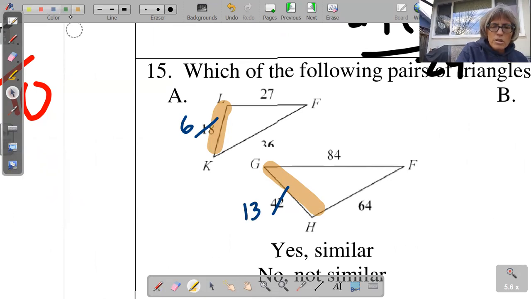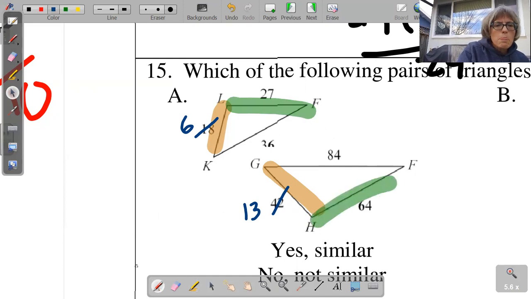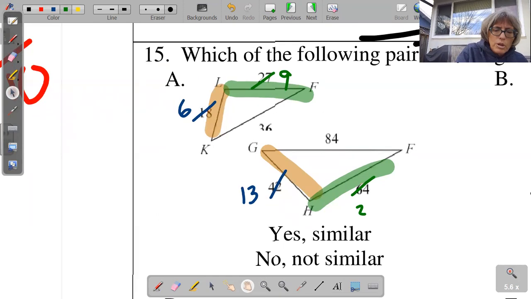Let's keep working ourselves around, medium to medium. 9 goes in here, 9 goes in 63 ... 3 goes in here 9 times. 3 does not go in there. It doesn't match. So this one is no, it's not similar.